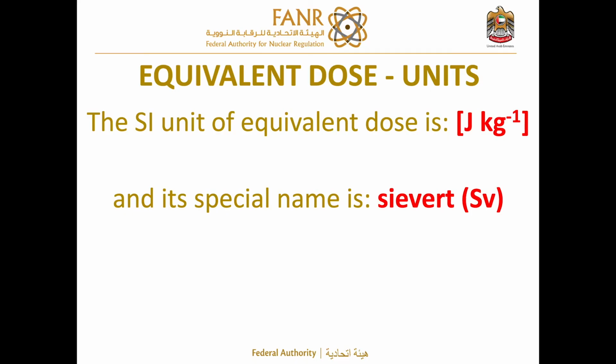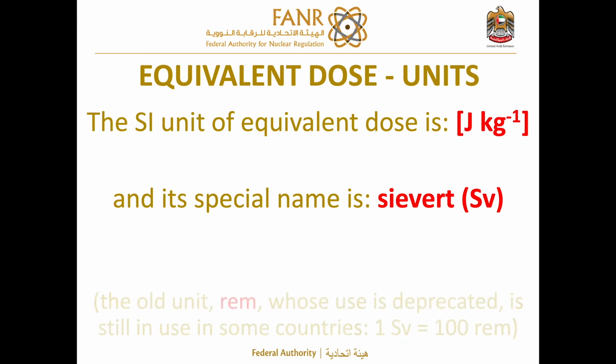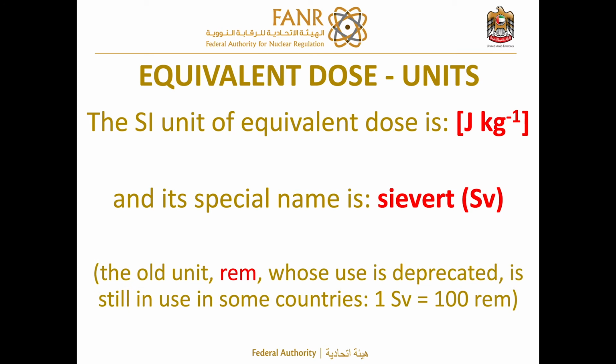Sievert is written like this, like the name of Rolf Sievert, and in the acronym it is a capital S and V. As you may imagine, there is also an older unit which is deprecated, and we encourage not to use it. That was the REM. The acronym for REM was Röntgen Equivalent Man, so you can already appreciate it was defined as a reference to the Röntgen, which is the unit of exposure.